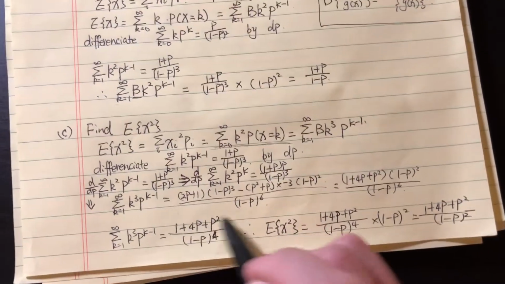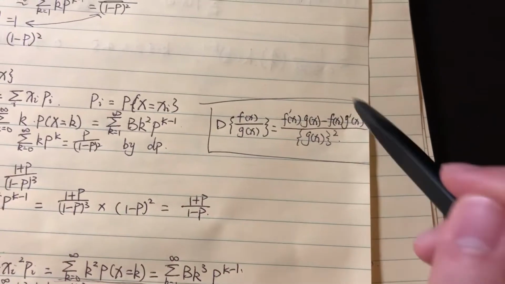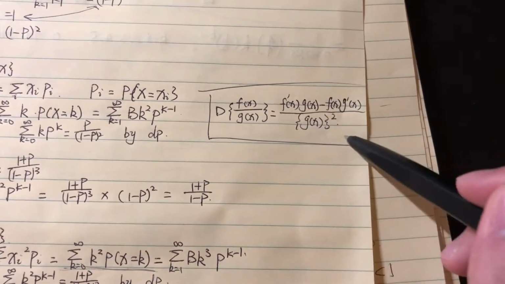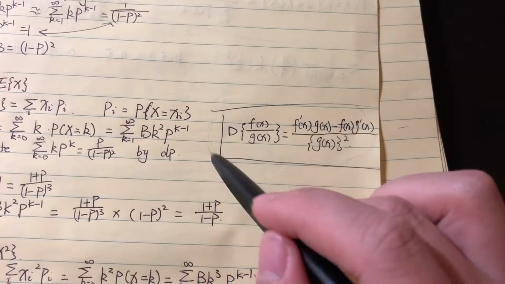So we differentiate this product, and we get the sum of k to the power of 3 p to the power of k minus 1 equal to this, using the equation here, differentiating this equation.